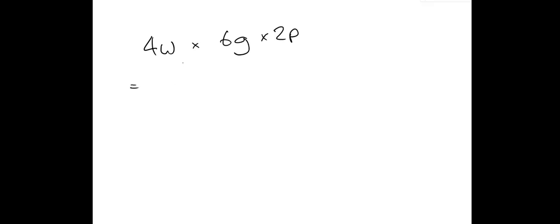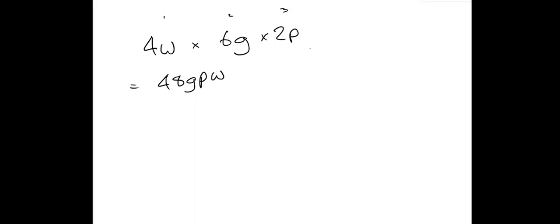The only thing that complicates things is that we have 3 terms now. 1, 2, 3 terms. But we're going to do exactly the same thing. We're going to multiply out the terms. 4 times 6 is 24, times 2 is 48. And then we would put it in alphabetical order. G, we come along there, and then I guess P, and then W.